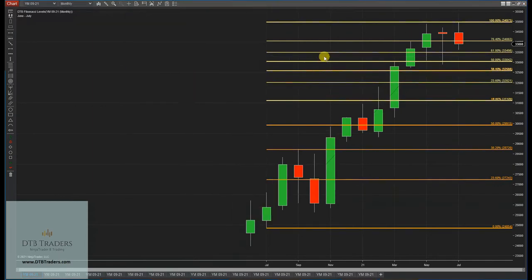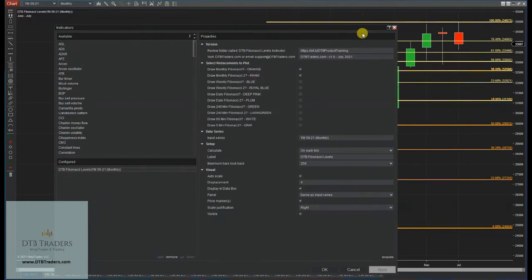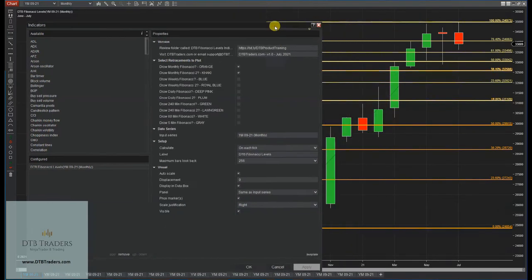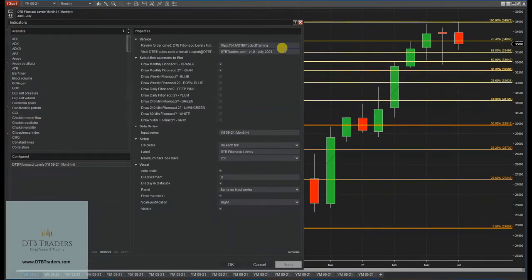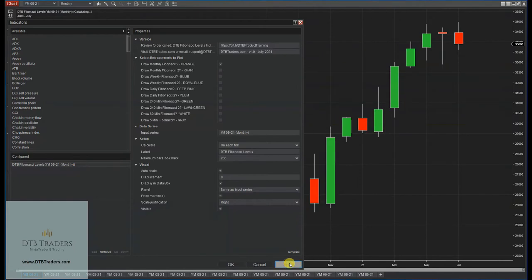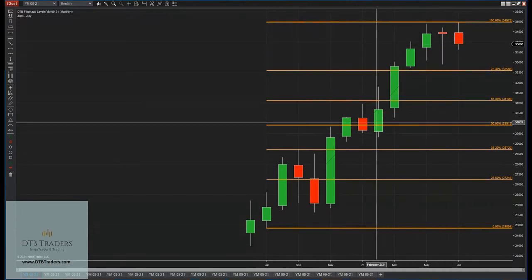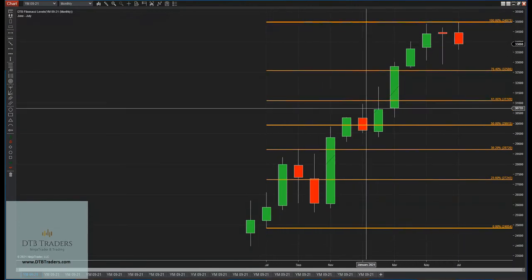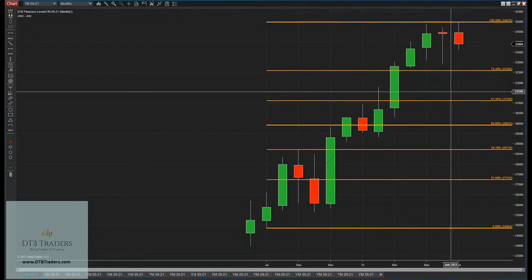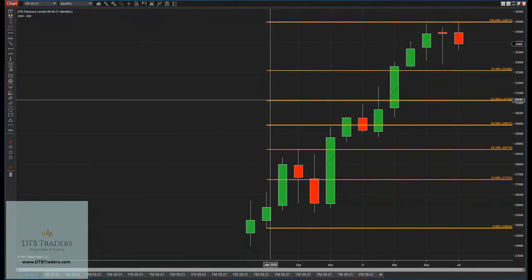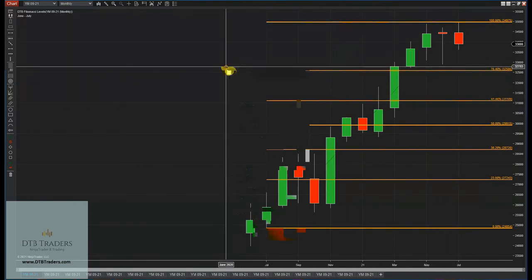If I go to the indicator list, there's also the option to remove that specific one. But that is a very handy one to have on, because it basically segments the Fibonacci level or the range. By having it off, it's only going to show us the Fibonacci levels for that level. But a very smart man introduced a system where you're segmenting the Fibonacci levels from the 61.8 and drawing them to the 100.